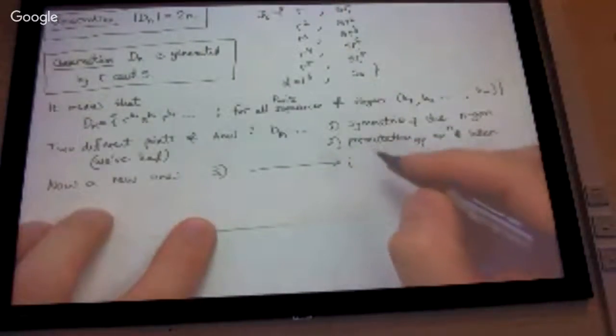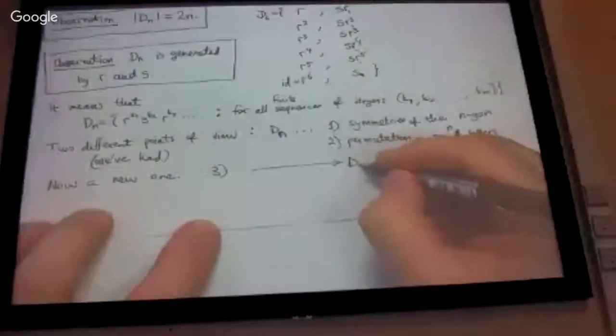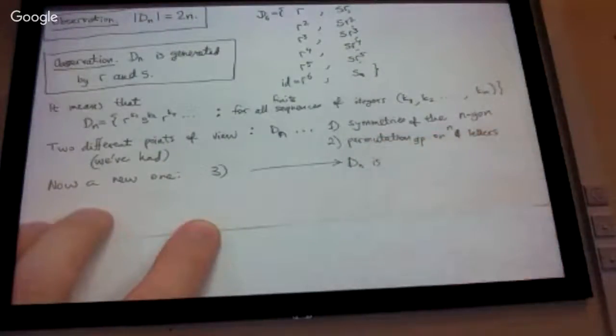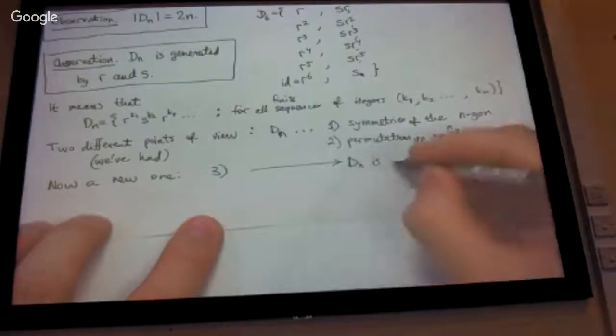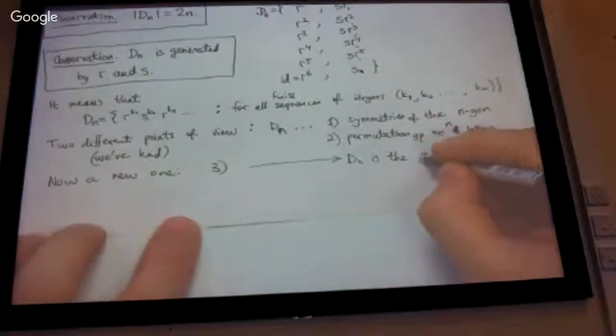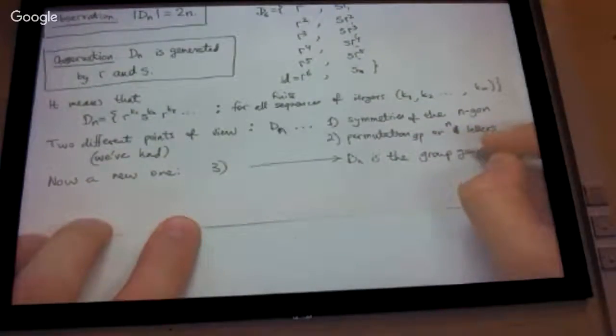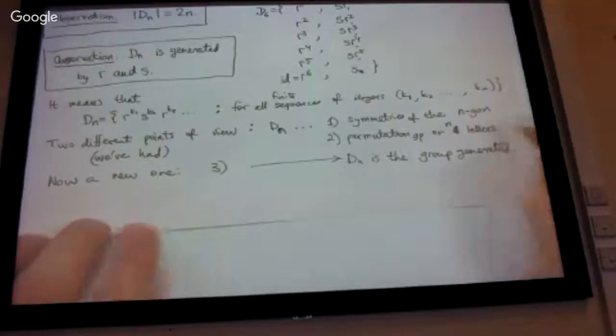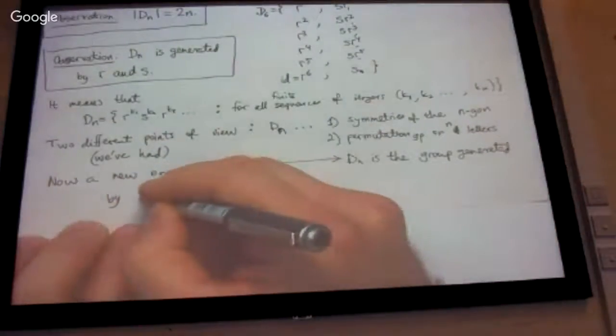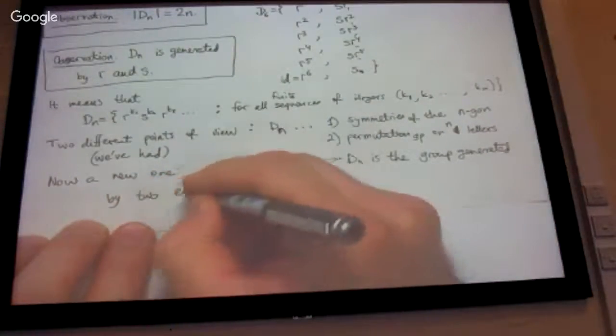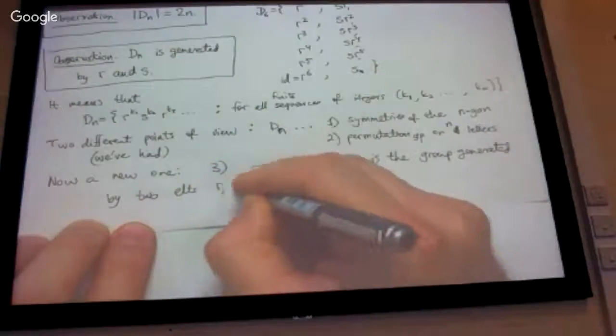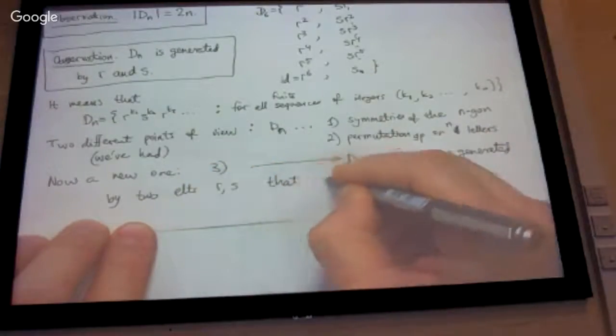Dn is the group generated by 2 elements R and S that satisfy the following.